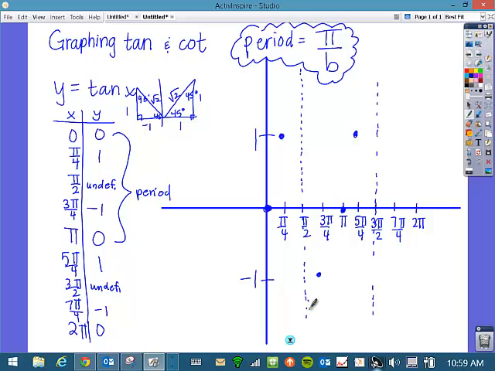When you graph this, it looks like a squiggle, kind of. If we're going to go to the left, this would be negative pi over 4. It should be down here, negative 1. And then negative pi over 2, another asymptote.